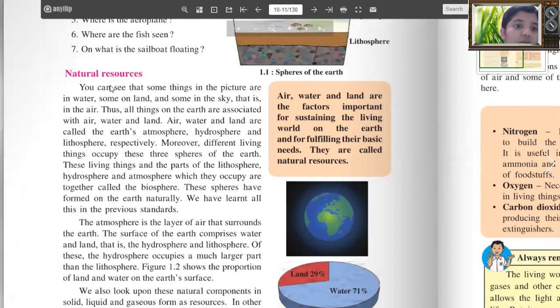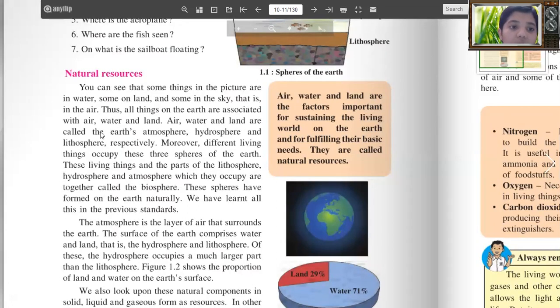Natural resources. You can see that some things in the picture are in water, some on land, and some in the sky, that is in the air. Thus, all living things on the earth are associated with air, water, and land.